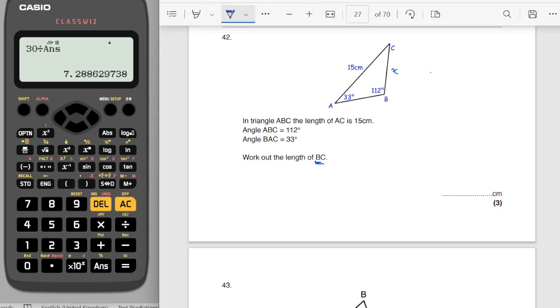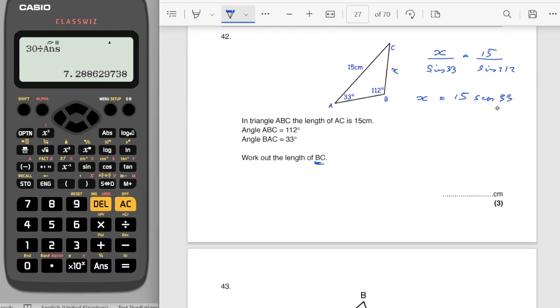There we go. So x over the sine of 33 is going to be equal to 15 over the sine of 112. So rearranging, then x is going to be equal to 15 sine 33 divided by sine of 112.